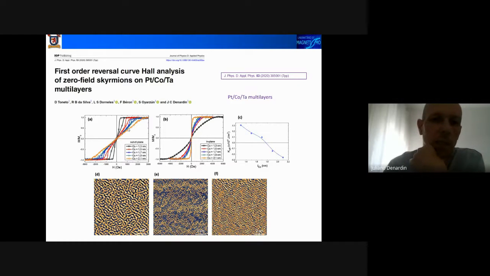This means that the samples that have smaller thickness of cobalt have more perpendicular to plane anisotropy. Here in B, you can see the hysteresis curves measured in the plane. You see the opposite behavior from A to B.